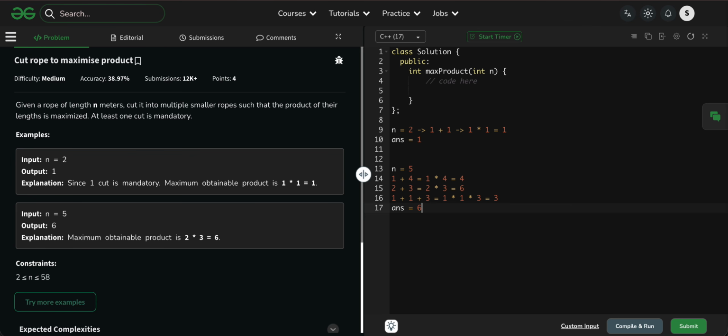Now let's come to the observations. Suppose we have a rope of length n.